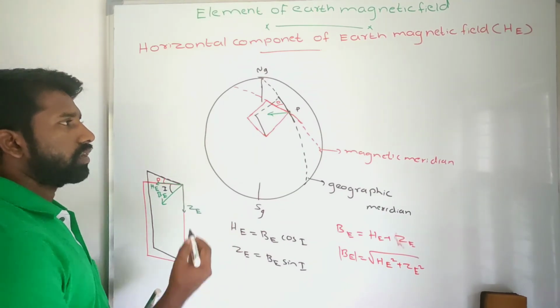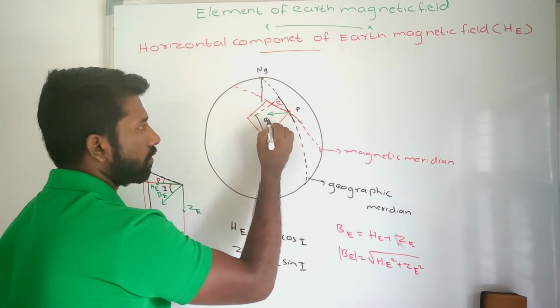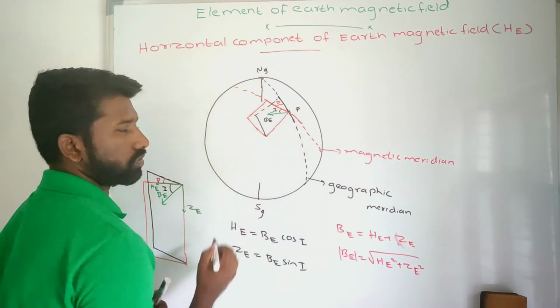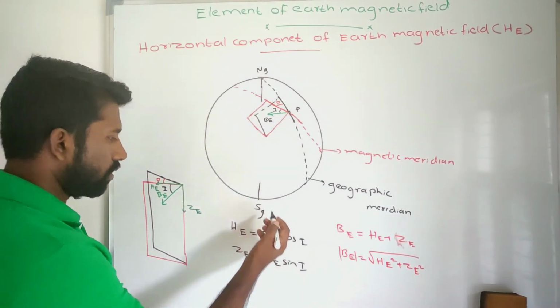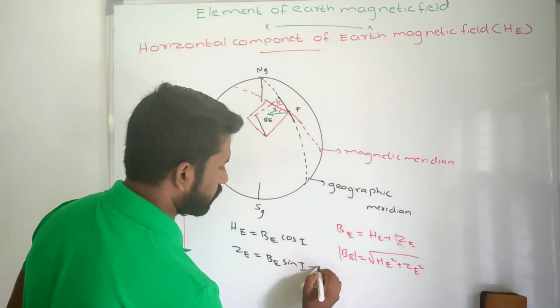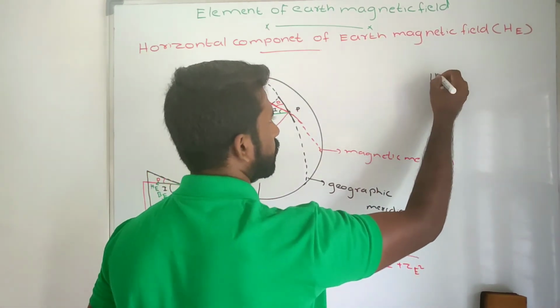Then what about the direction? This is the total magnetic field, and it makes an angle I with the horizontal. This I we get from the dip circle, or we can find it from the components also. Take this as equation 2, and this as equation 1. Take 2 by 1.